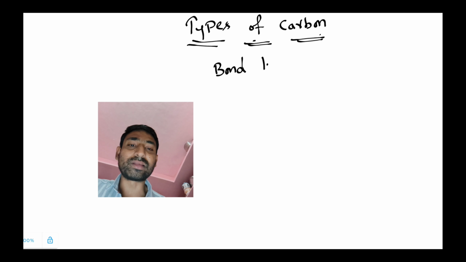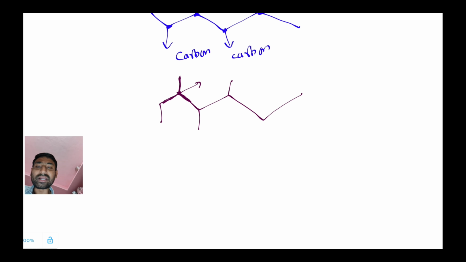if you observe this carbon, there is one bond upside, another bond here, and another bond here. That means the carbon contains one hydrogen. Here also, 1, 2, 3 bonds are there, so this carbon also contains one hydrogen.